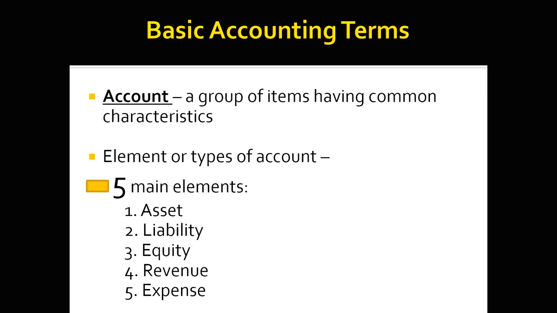The financial statements will decipher the different areas of these elements. Account names will fall under these 5 different elements. Here they are: asset, liability, equity, revenue, expense. I will go through these in other slides. We're going to move on.